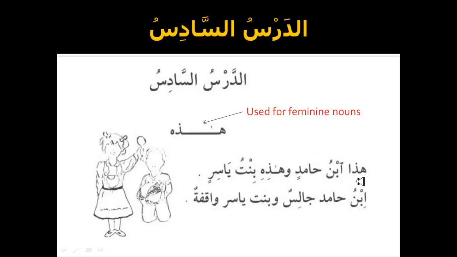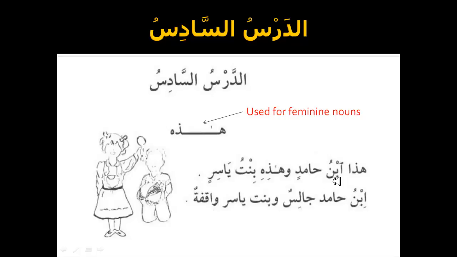هذا ابن حامد وهذه بنت ياسر. Alright, now this is Hamid's son, and this is Yasir's daughter. Now notice hada ibnu Hamidin.